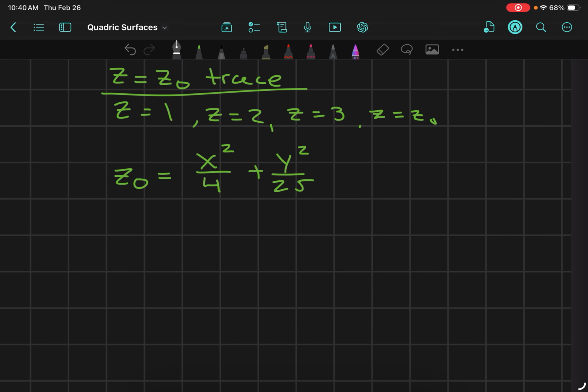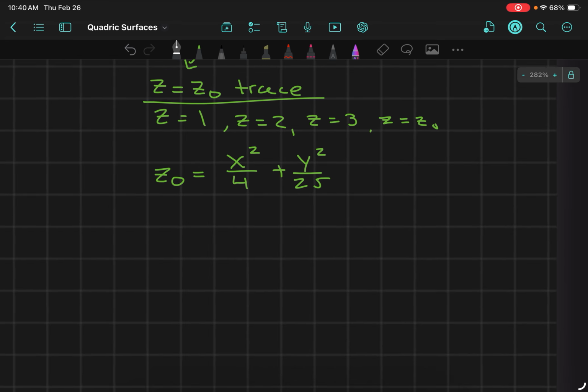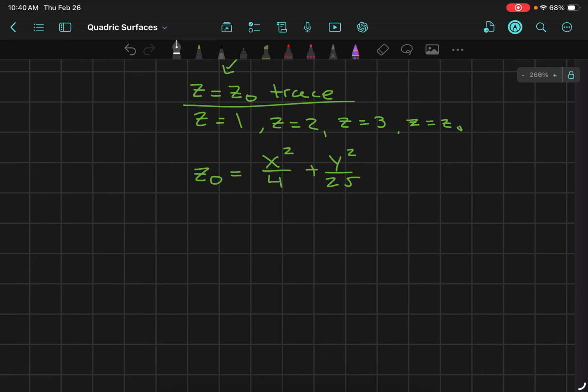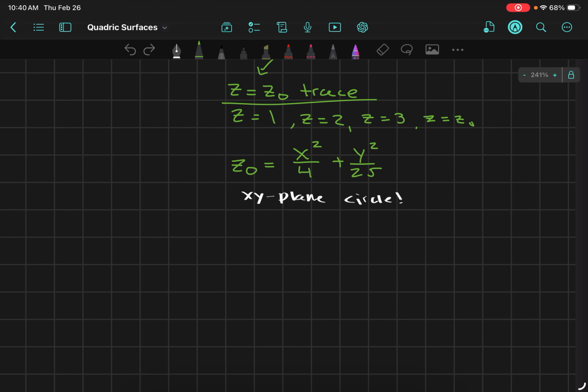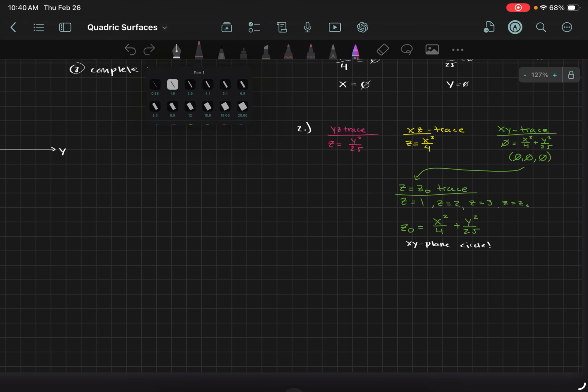This is kind of similar to a circle, right? In the xy dimension. So this is an xy plane circle. And since this z naught is not a specific number at all, that means that we are going to have multiple z equals z naught traces. So let's just go ahead and graph it, and I will explain further.